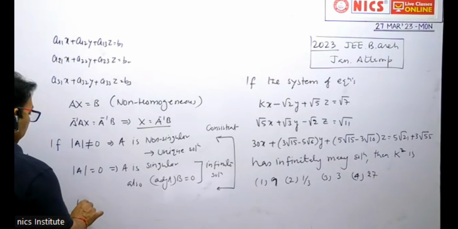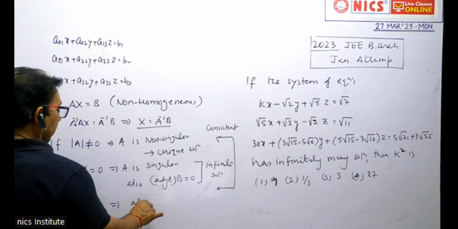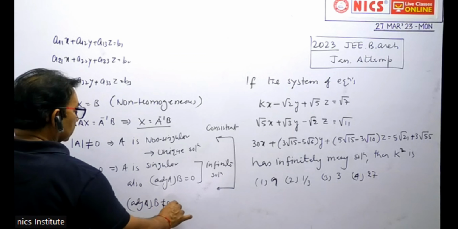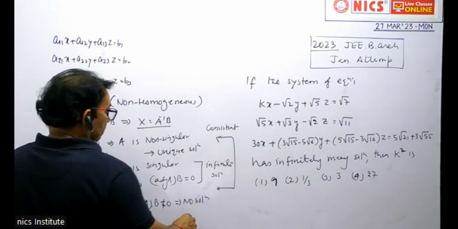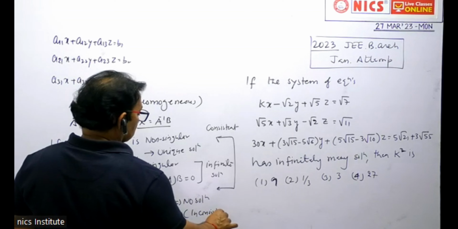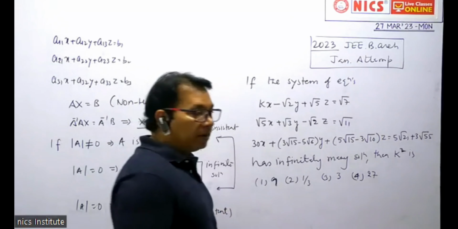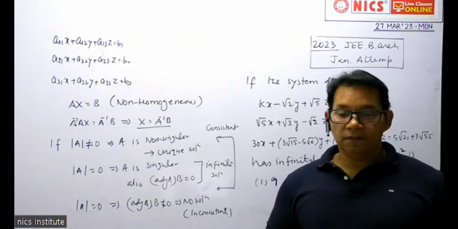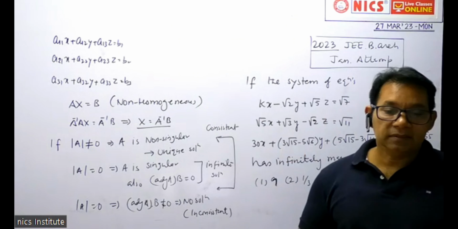If determinant A is 0 and adjoint A into B is not equal to 0, then we have no solution, and we say the system is inconsistent. That is basically the matrix method of finding the solution of non-homogeneous equations.